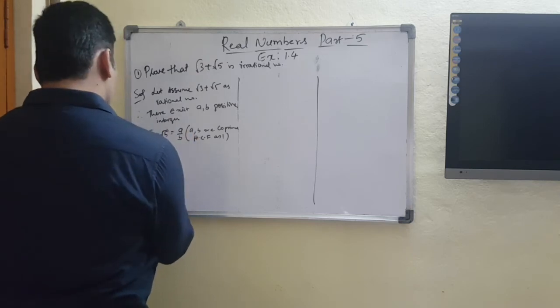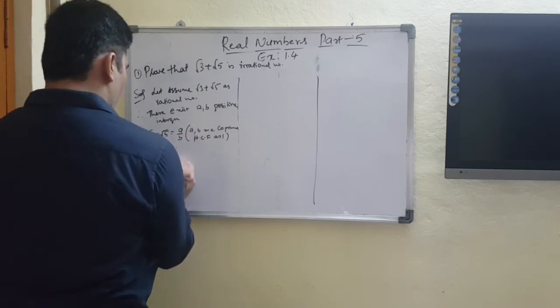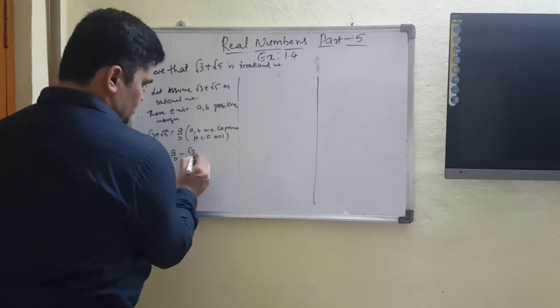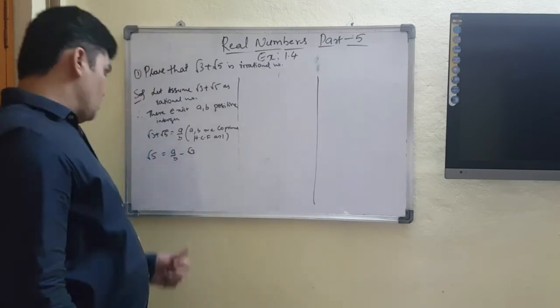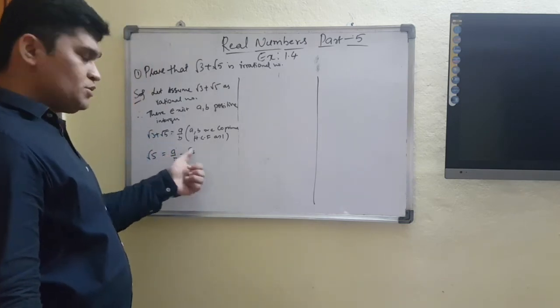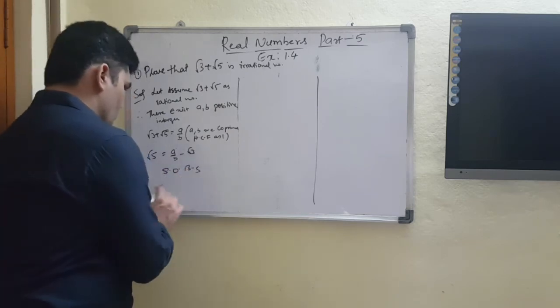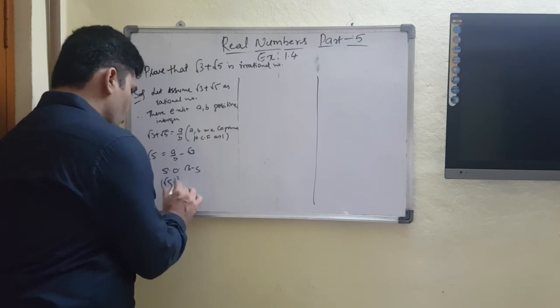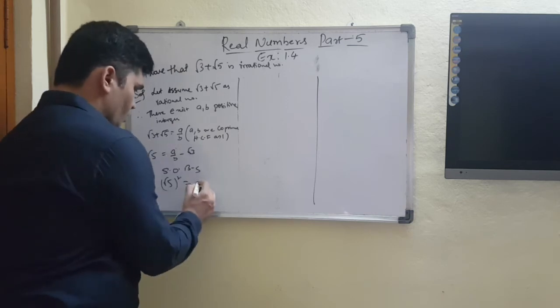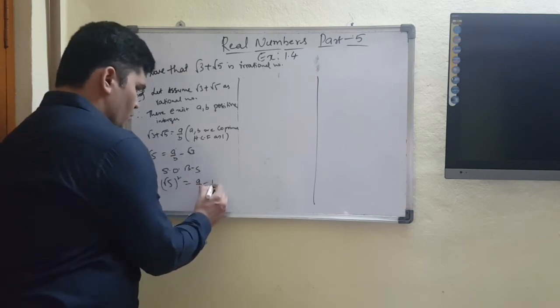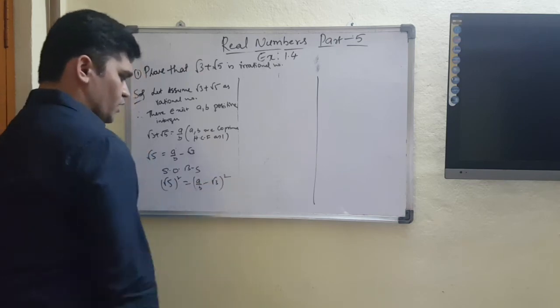Okay, now what I'm going to do, I'm going to shift root 3 over here. So it will be root 5 equal to a by b minus root 3. Same thing, squaring on both sides. If you do, root 5 whole square equal to a by b minus root 3 whole square, right?